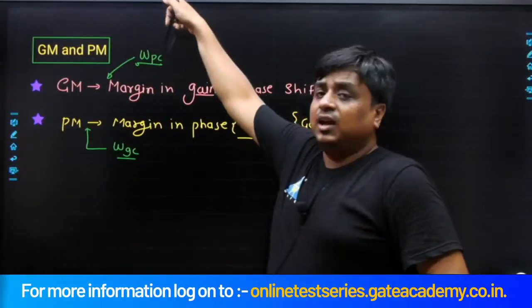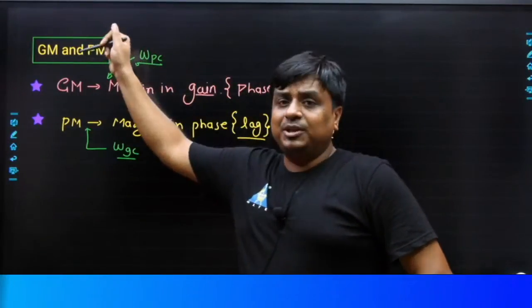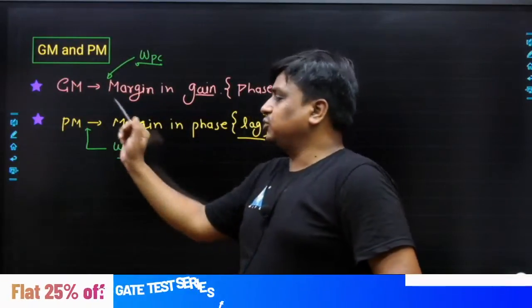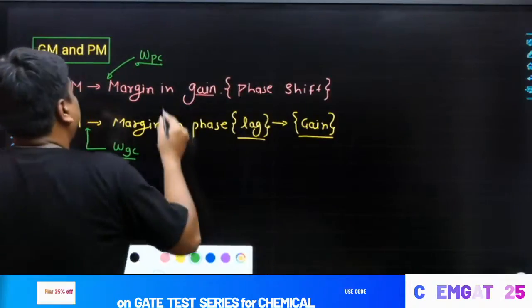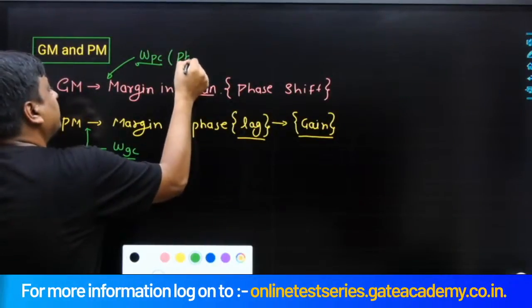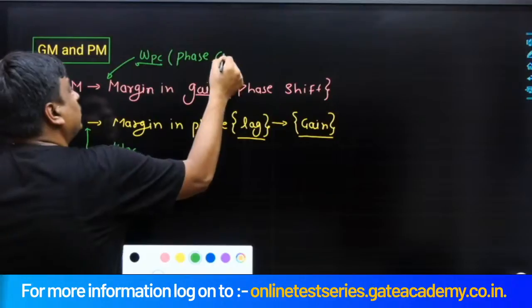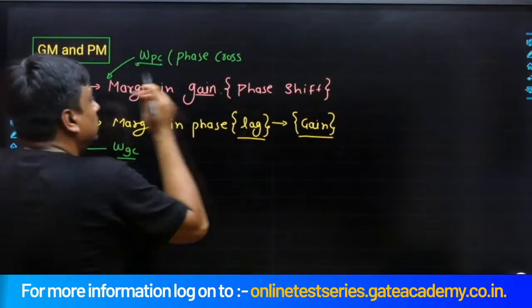The first is the phase crossover frequency. The second is the gain margin. Third is the gain crossover frequency. And the fourth is the phase margin.